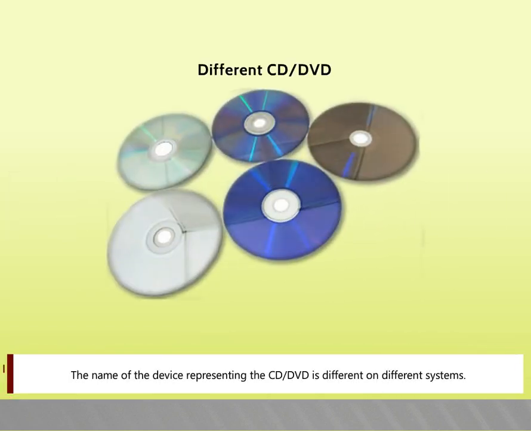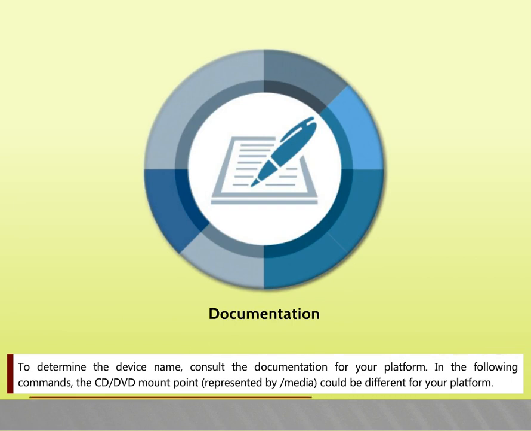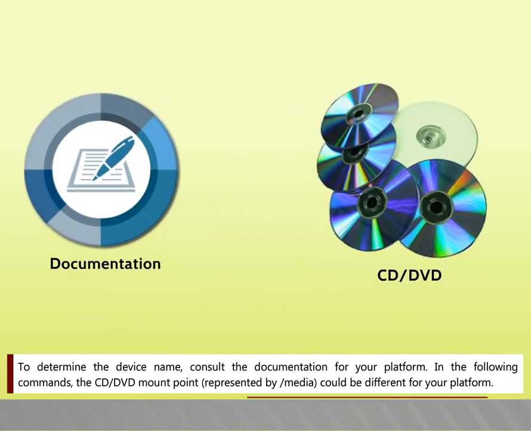The name of the device representing the CD or DVD is different on different systems. To determine the device names, consult the documentation for your platform. In the following commands, the CD or DVD mount point that is represented by /media could be different for your platform.